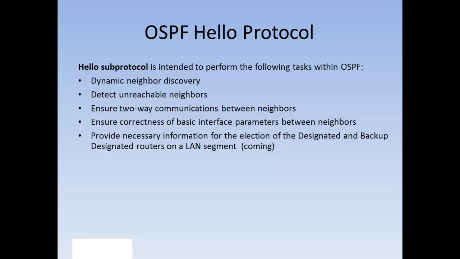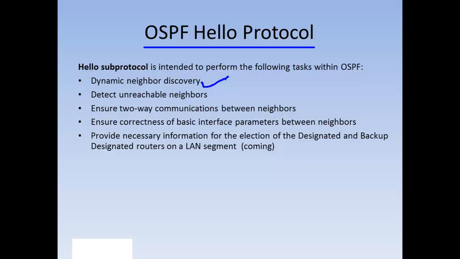destination. And the next point is the hello protocol. OSPF hello protocol. What does it mean? What is the use of hello protocol? Hello protocol is intended to perform the following tasks. Number 1, dynamic neighbor discovery. What does it mean? In static routing, the administrator manually needs to configure the path from any source to any destination.